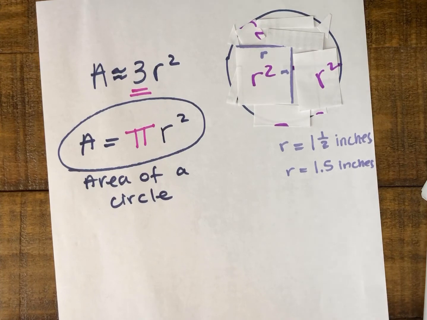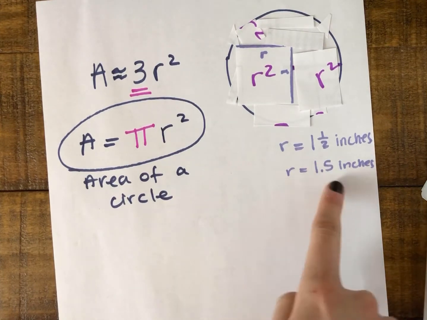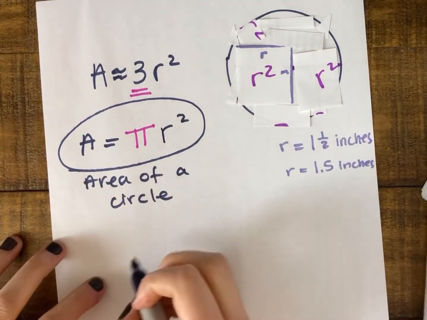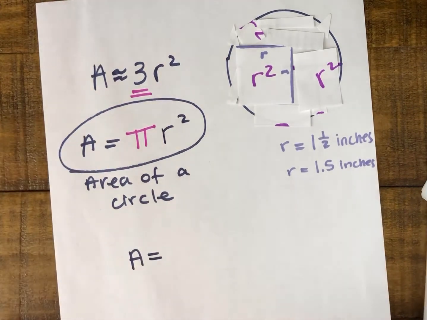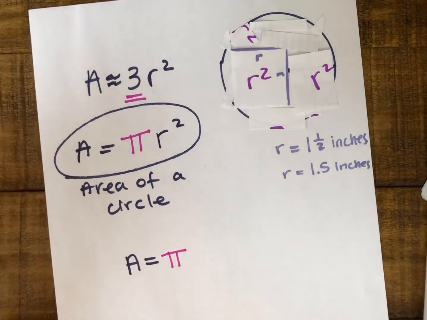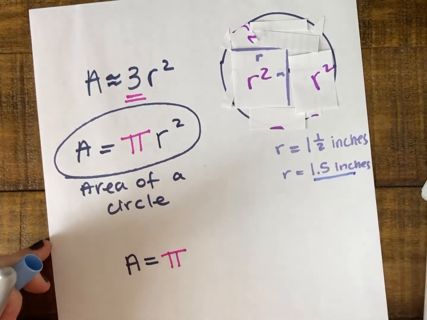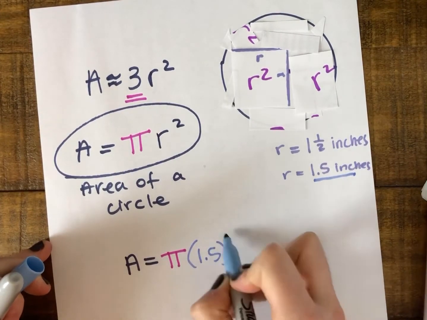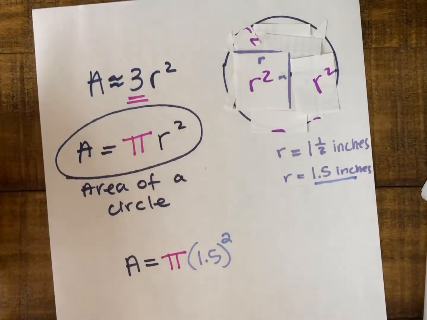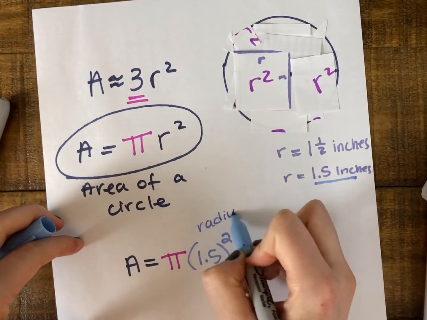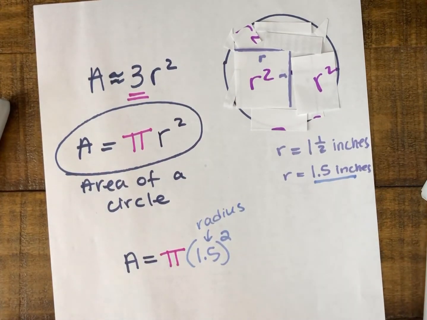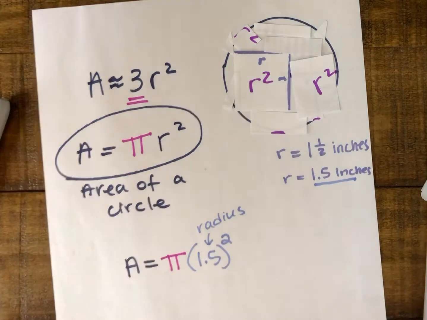Let's use that formula to figure out the actual area of the circle that we measured that has the radius that we found. So the area of the circle I drew is going to be pi times my radius squared. So my radius was 1.5 inches. And your radius is probably something else, but that's the value we'll fill in here. Let's calculate what that's worth. When you square a number, it means you multiply it by itself.